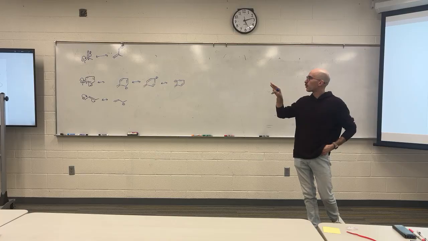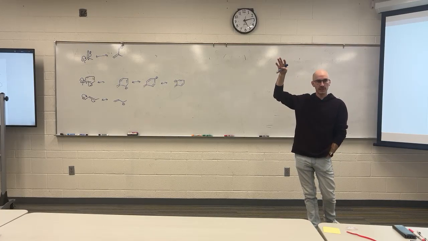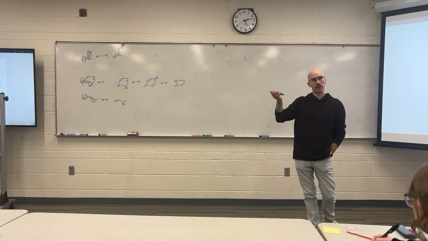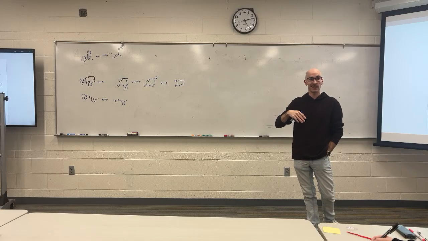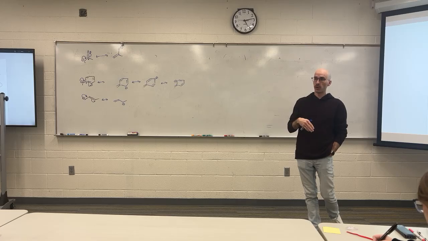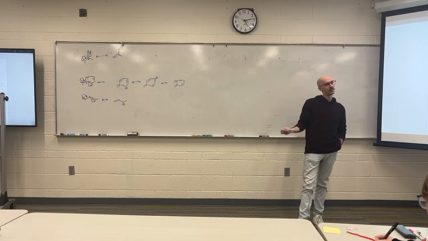So I gave you this rule that with resonance, increased resonance forms increases stability. But that's not always true because there are other contributing factors like the atom that the charge is being held on. If a carbon holds a negative charge, it's not as stable as when an oxygen holds a negative charge.